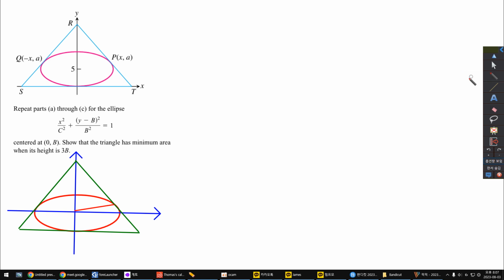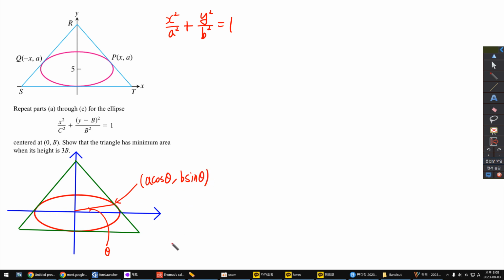And this angle is theta, and the equation of this ellipse is, so this is the standard form of the equation of an ellipse. In such a case, for the coordinates of this point, the x coordinate is a cosine theta, and the y coordinate is b sine theta.